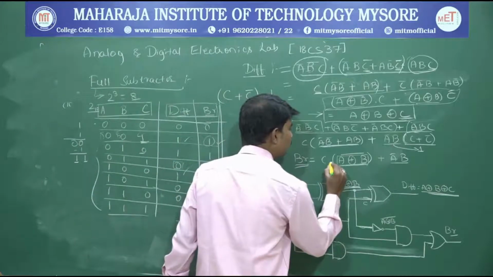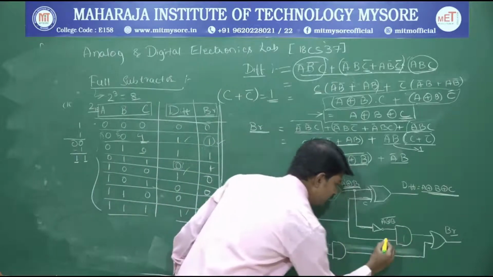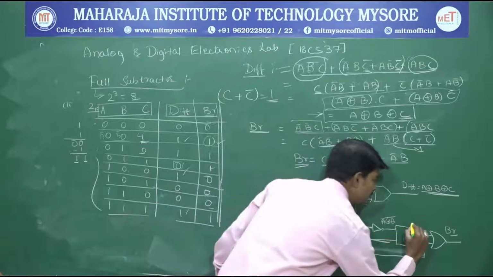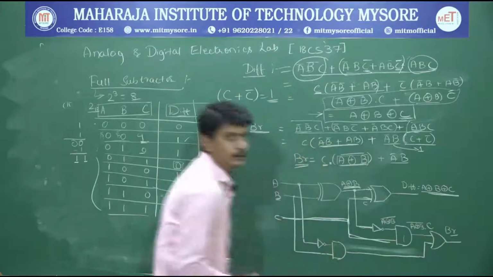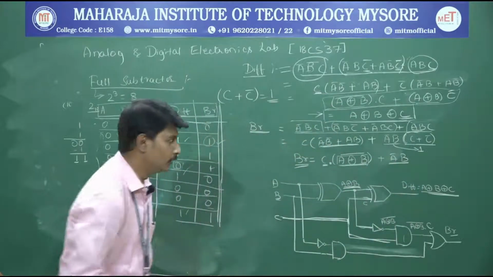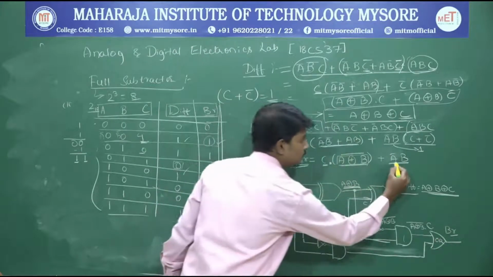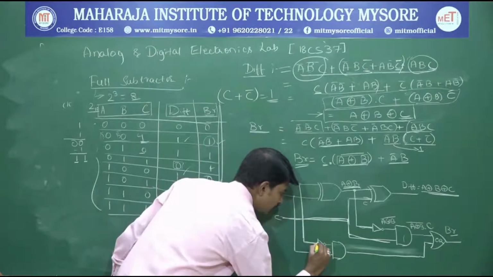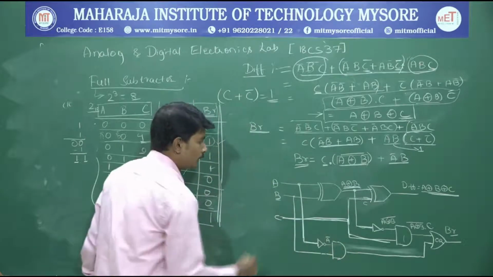Now I AND it with the variable C, which gives A XOR B whole bar into C. Then I OR it with A bar B, so I consider an OR gate that adds A bar B. Here I have taken the input for a NOT gate from variable A, which makes it A bar.